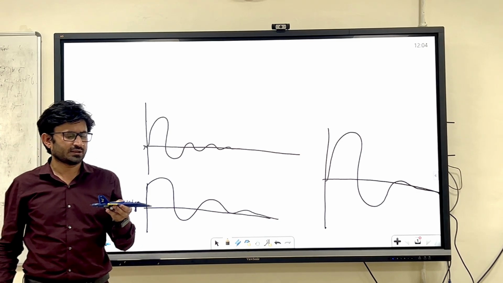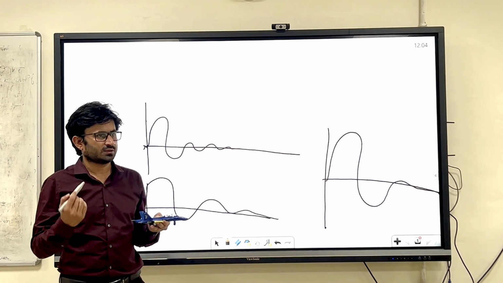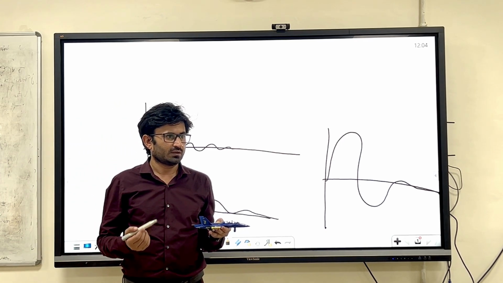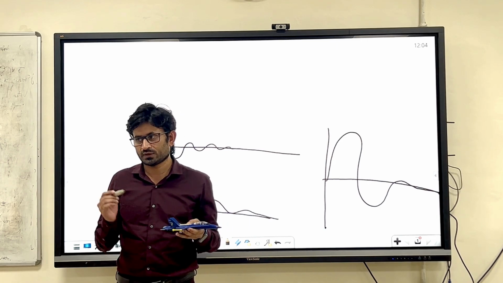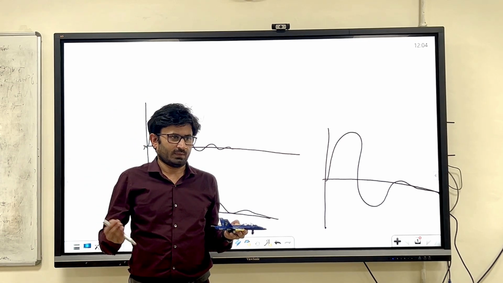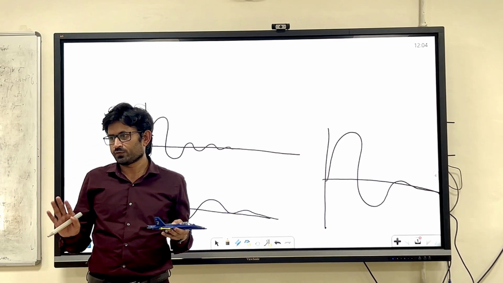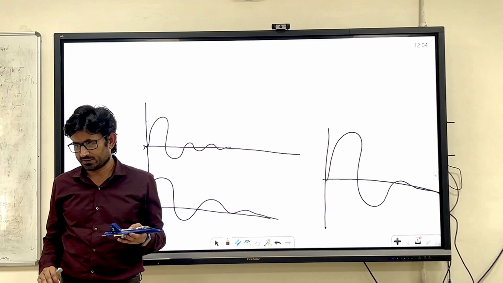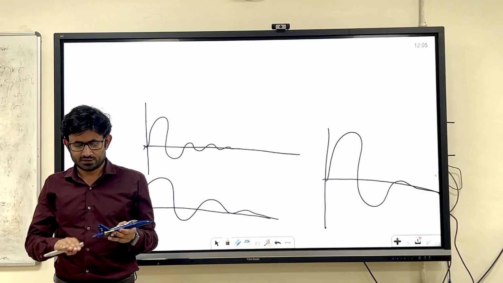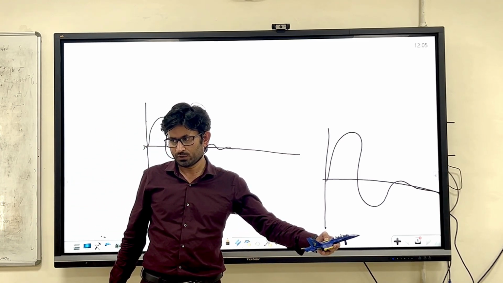For example, let's say this is an aircraft, and you want to check the dynamic stability or static stability of the aircraft. You have to disturb it from the equilibrium position, right? The atmosphere can itself disturb the aircraft, but you cannot wait for the atmosphere. You can generate the disturbance by deflecting the elevator. Let's say you have deflected. Now it's taking some time to reach the equilibrium position.